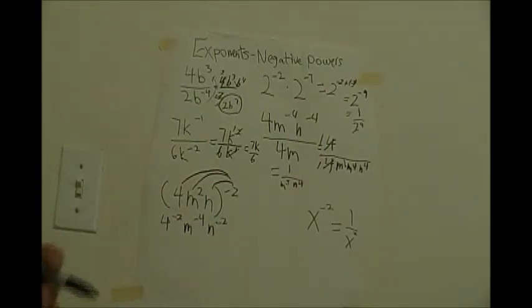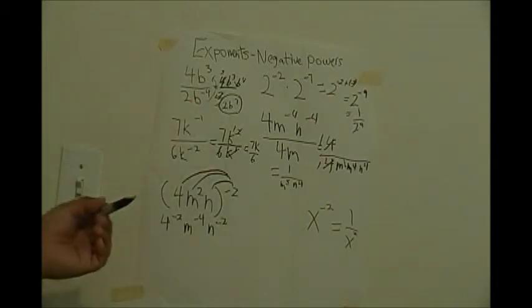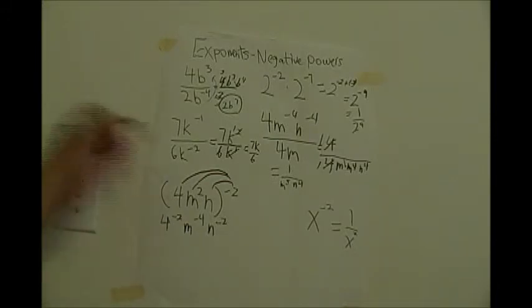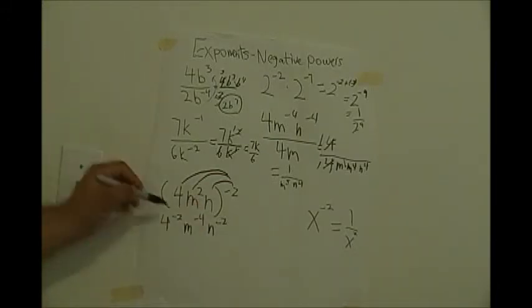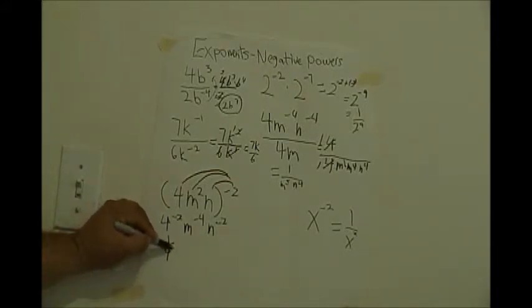Well, okay. So if you look here, we all have negative powers, right? So what we can do is rewrite everything as a fraction. Remember that 4 to the -2 is really 1 over 4 squared, right?